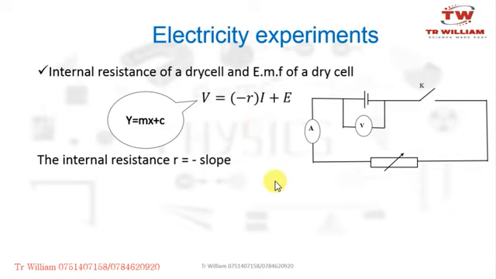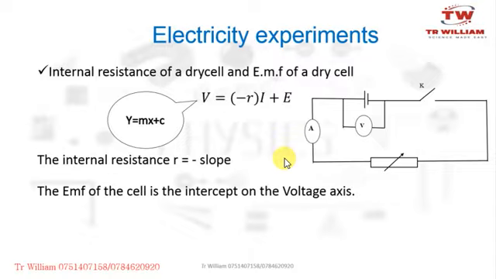We already have the idea. Suppose we want to get also the EMF of the dry cell. We see that the EMF will be got from the intercept on the V axis. Okay, V will be on the y-axis, so the intercept, because this is in the position of c, the intercept. That will be the EMF of the dry cell.